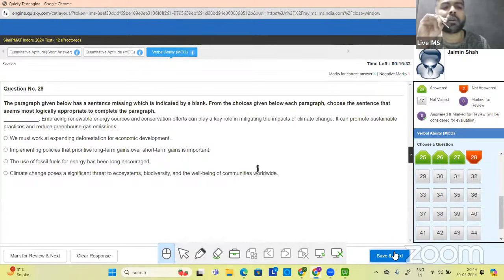Embracing renewable energy sources and conservation efforts can play a key role in mitigating climate change. The use of fossil fuels for energy has been long encouraged. Climate change poses a significant threat to ecosystems, biodiversity, and the well-being of communities worldwide. Let me go ahead.